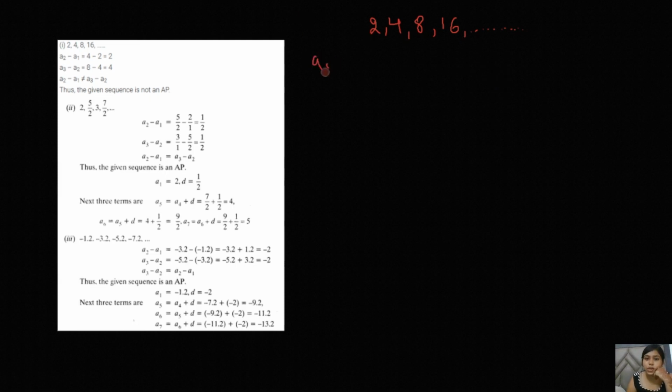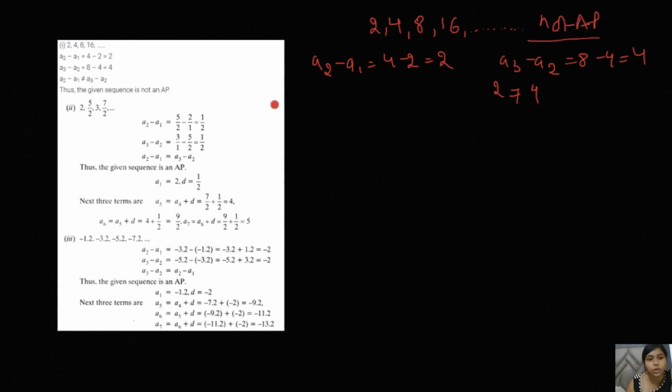So a2 minus a1 in this case is 4 minus 2 equals 2. a3 minus a2 is 8 minus 4 equals 4. So 2 is not equal to 4. It means it is not an AP, because in this case d is not constant.